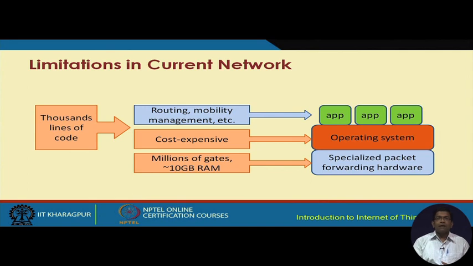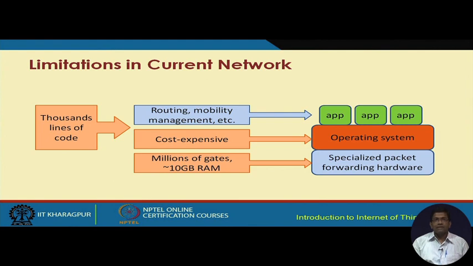If we look at another viewpoint of these current networks, each of these switches runs thousands of lines of code. Each switch has millions of logic gates implemented, requiring more than 10 GBs of RAM.